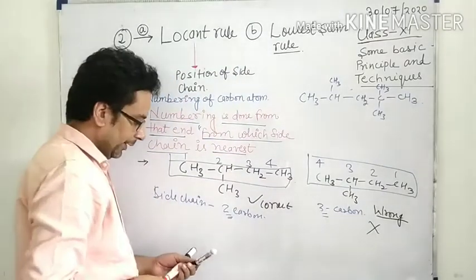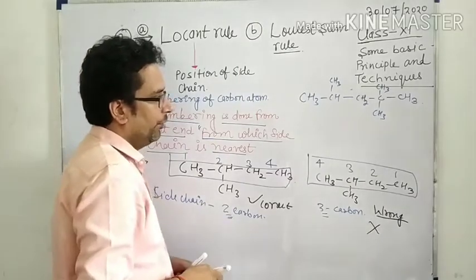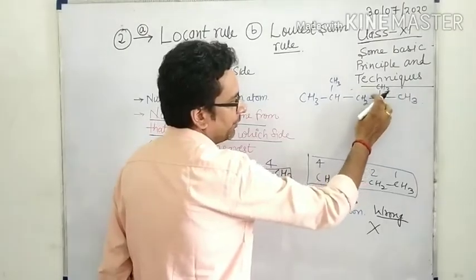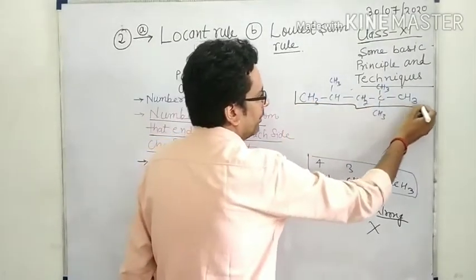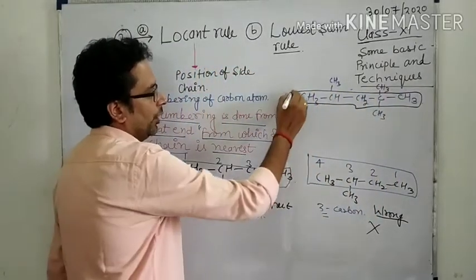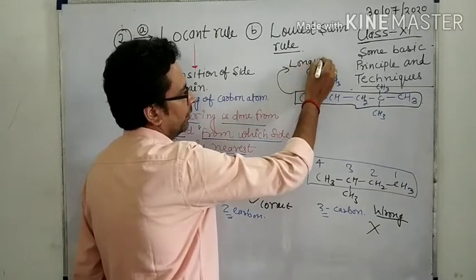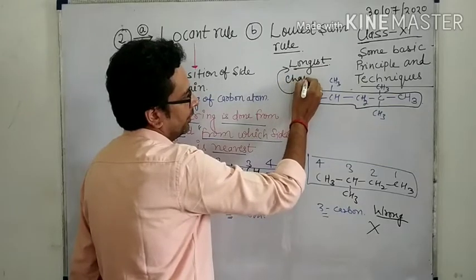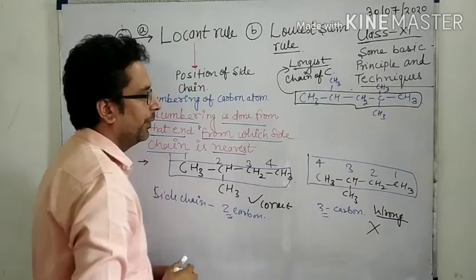Now look here, in this structure, first we select the longest carbon chain. So 1, 2, 3, 4, 5. So this is the longest carbon chain.